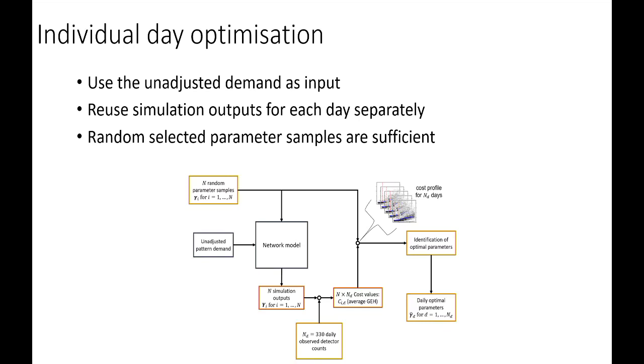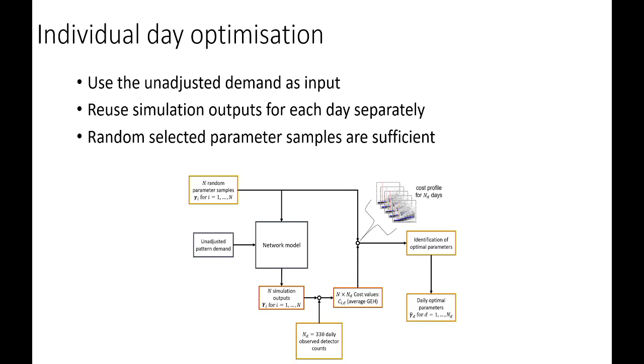So we can just randomly sample the parameter space. To give you a rough idea of what's happening here, we generate some number of random parameter samples, we use the unadjusted demand, all of that goes into our model, and the output is n simulation outputs.